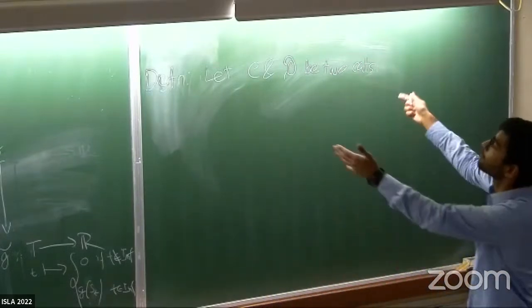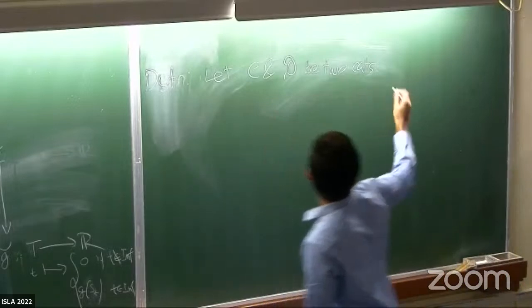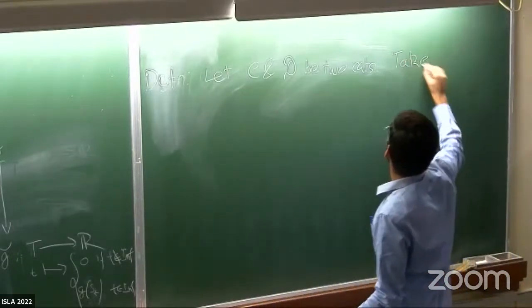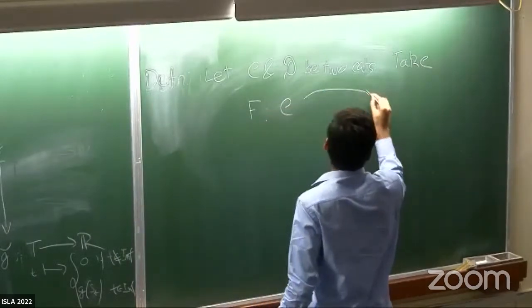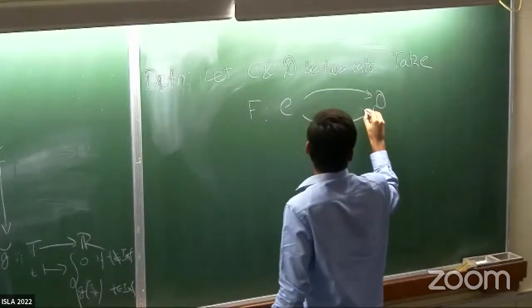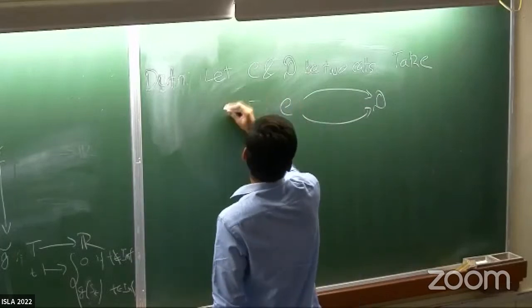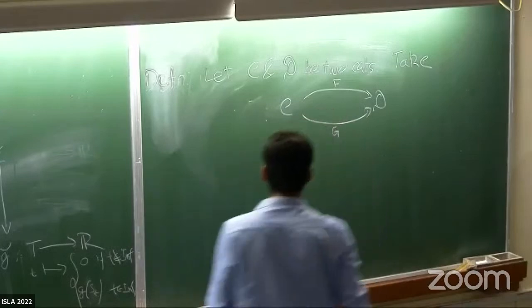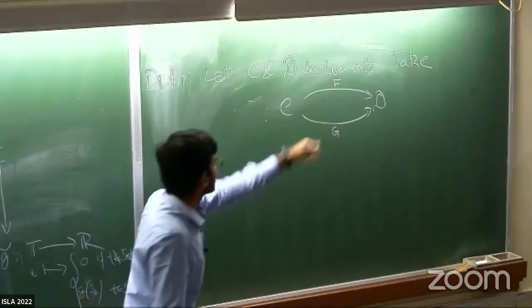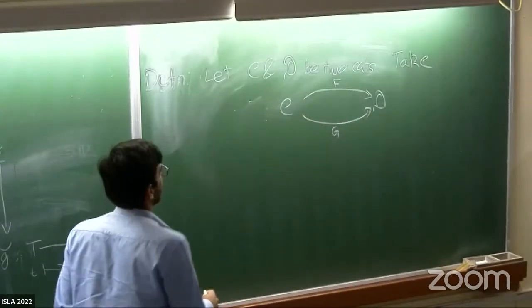Take any two functors from C to D. So this is a functor F, this is a functor G. Two functors with the same domain and codomain categories.